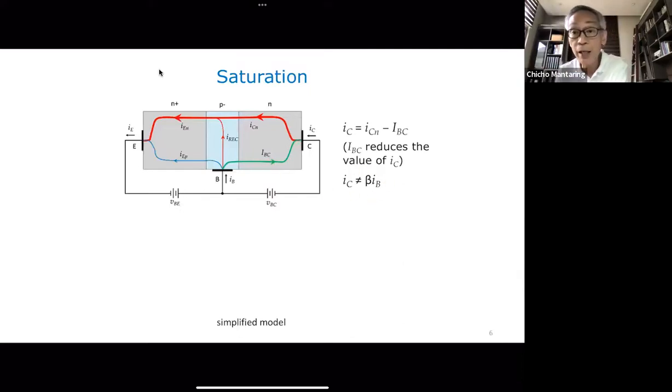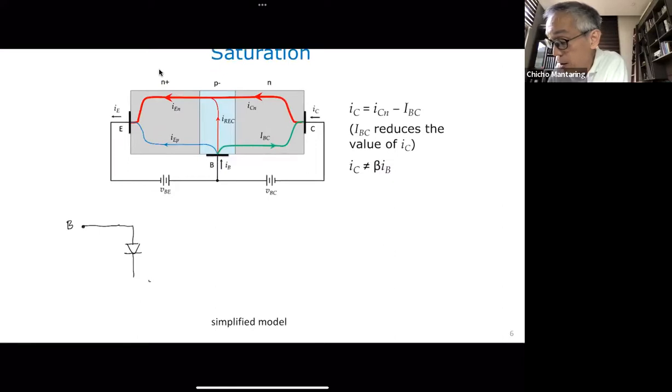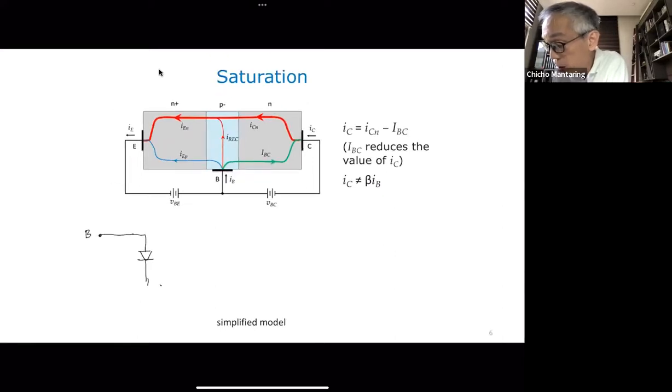As a matter of fact, we can draw a new model. So what was our model in active mode? Our active mode model, okay, let's say we're using E as our reference node. So this is going to be my base. Between my base and my emitter, I have a diode. So this is my base to emitter diode. Okay. So this is my emitter.